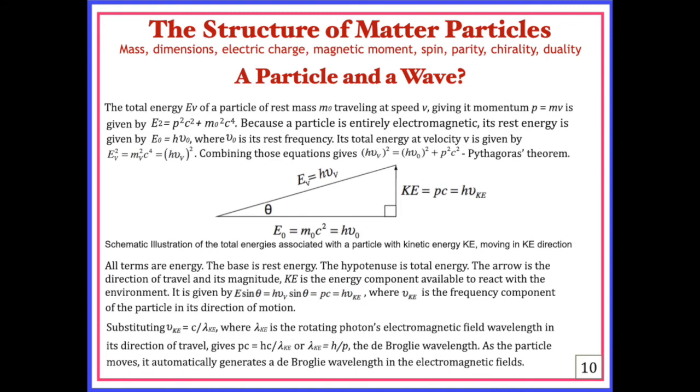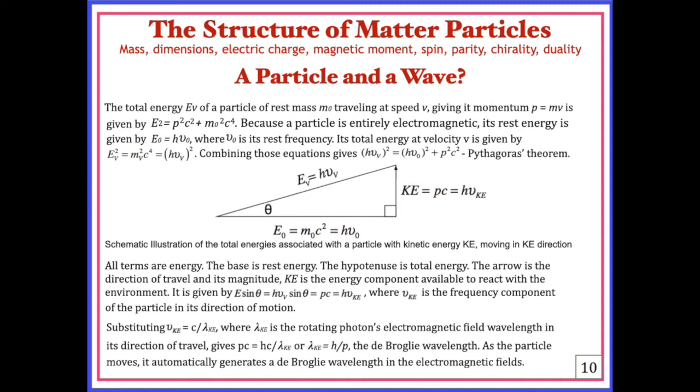Substituting nu_ke equals c over lambda_ke, where lambda_ke is the rotating photon's electromagnetic field wavelength in its direction of travel, gives pc equals hc over lambda_ke, or lambda_ke equals h over p, the de Broglie wavelength. As the particle moves, it automatically generates a de Broglie wavelength in the electromagnetic field.